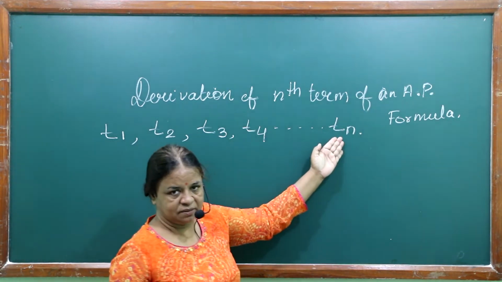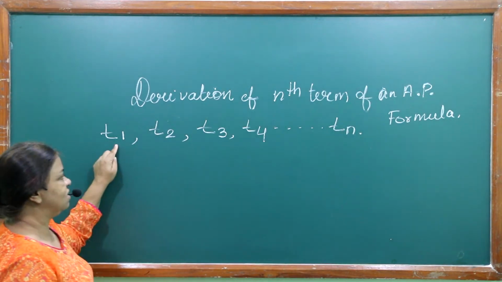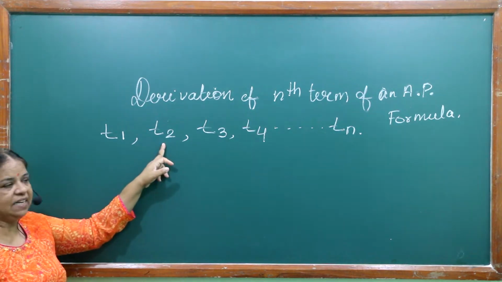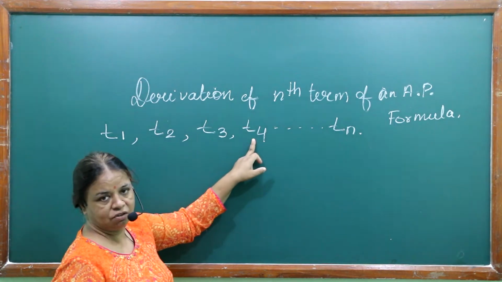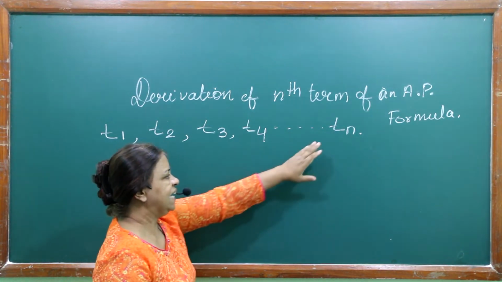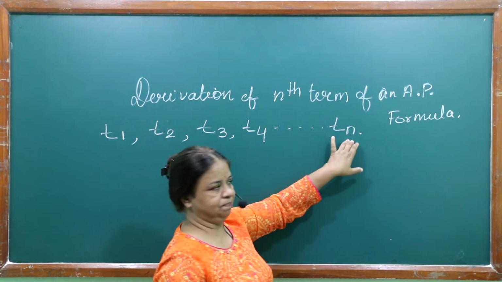Tn means nth term. T1 is the first term, T2 is the second term, T3 is the third, T4 is the fourth term, and Tn is the nth term.